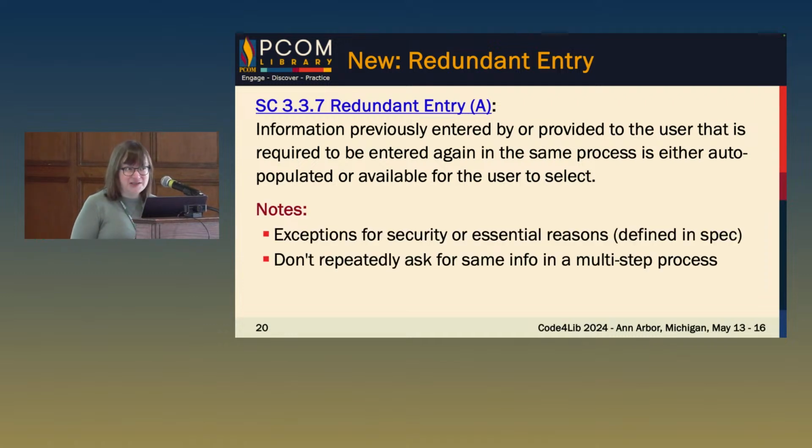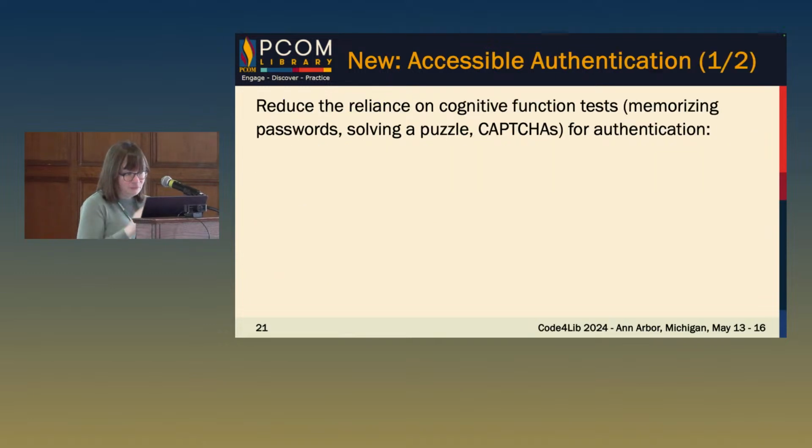And there are definitely exceptions, like confirming the password that you just wrote down in your password change, or essential reasons such as verifying an email for contact. But basically, just don't ask for the same thing in a multi-step process, and autofill when you have it available. Make it easier for users.